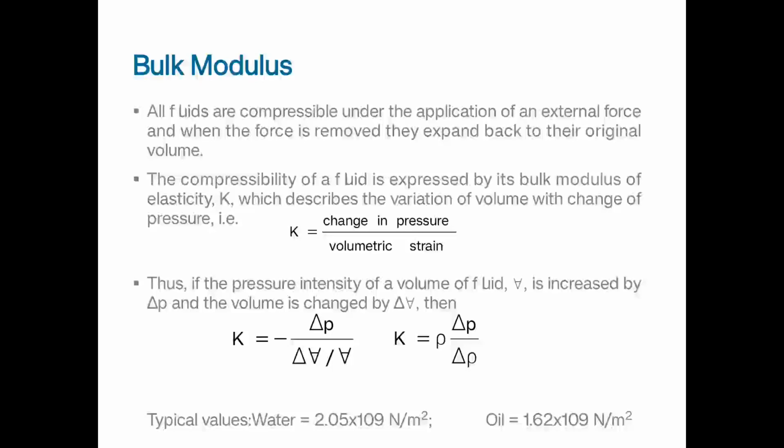Change in pressure over del V over V. The negative sign indicates that pressure increases in the direction of compression. That is the importance of the negative sign. Or the change in volume also decreases from the initial volume to the final volume. That is also another significance for the negative sign.